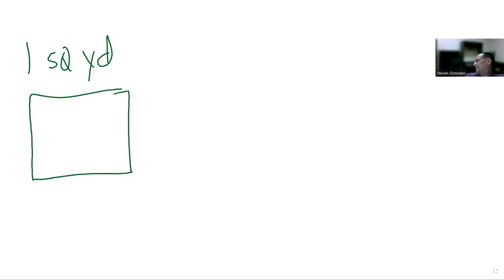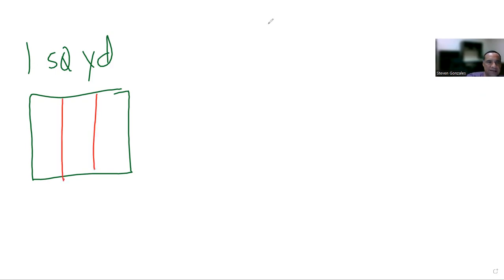Make sure you also understand the whole conversion process when we're talking square units. A lot of folks have a hard time understanding them. Here's an example of a square yard, and that could be something like a game board. You may want to convert it to square feet.